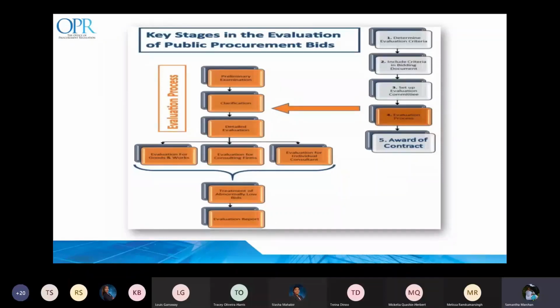So this brings me to the end of the presentation. As a form of recap, this diagram illustrates the key stages in the evaluation process, which we would have covered during today's session.